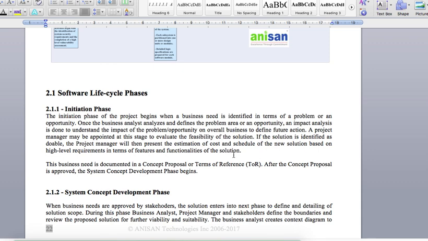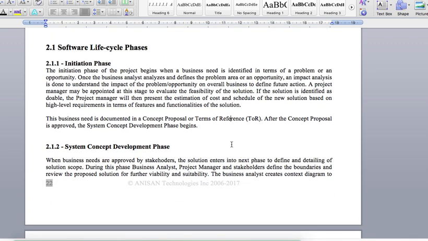At this stage we are only talking about a very high level solution and the solution structure. Okay. The business need document is in a concept proposal or terms of reference. So here we have documented it. There is also another type of document. You can put it as a concept proposal, business need document, or terms of reference.